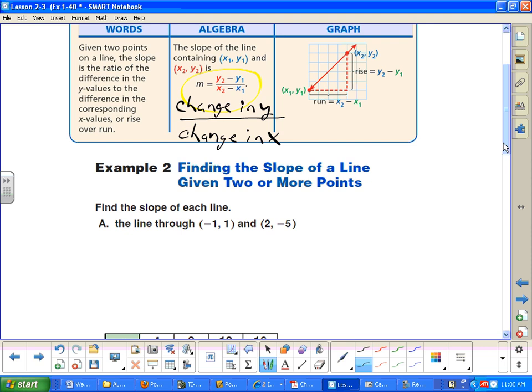Does it matter which point is 1 and which point is 2? Everybody on this side, all you girls over here, use this point first and that point second.